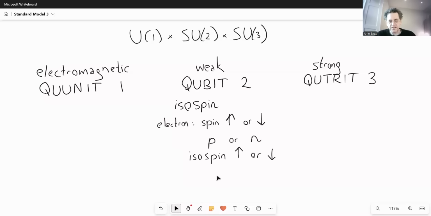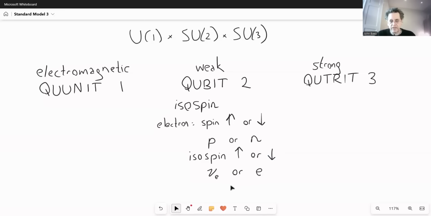I'm just getting started. And there are other particles for which that binary distinction applies. Namely, I already mentioned that the electron neutrino is somehow similar to the electron, and they too are two particles, one of which has isospin up and the other has isospin down.